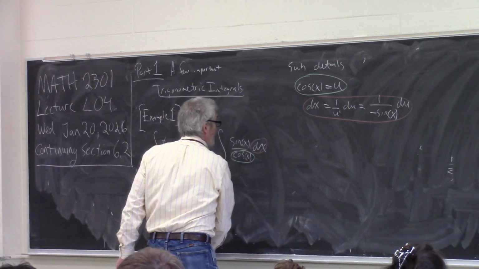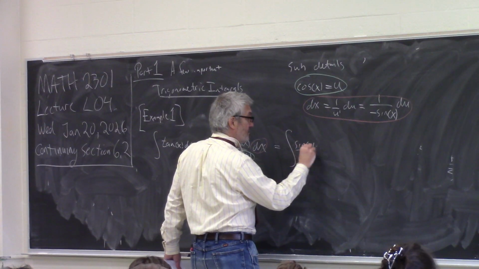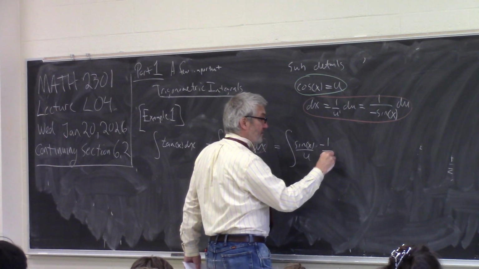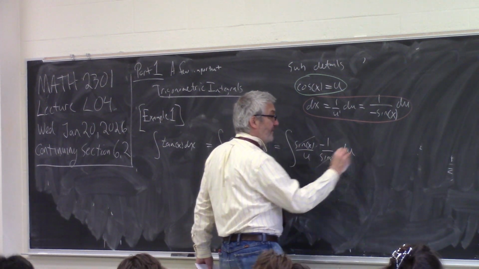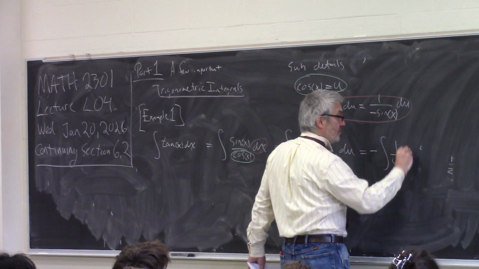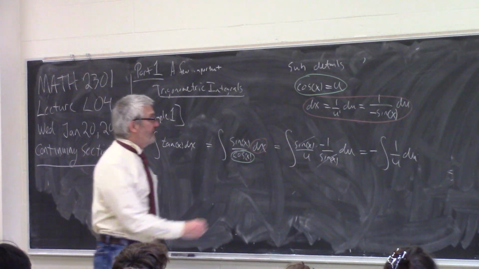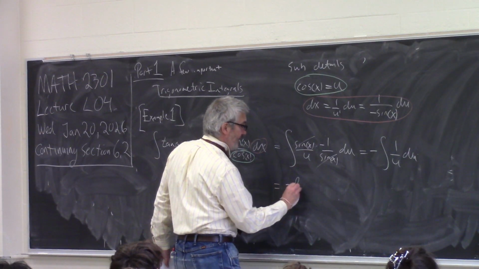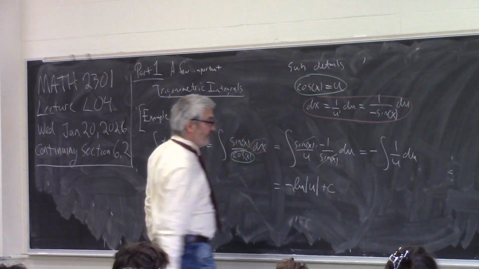So when you substitute all this stuff in, you get sine x over u times minus 1 over sine x, and then there's your du. The signs cancel and we end up with minus the integral of 1 over u. And remember that this is ln, so this is minus ln of the absolute value of u plus c.